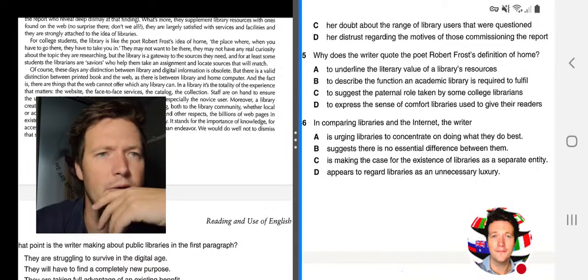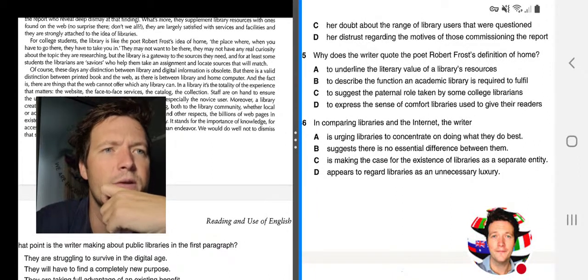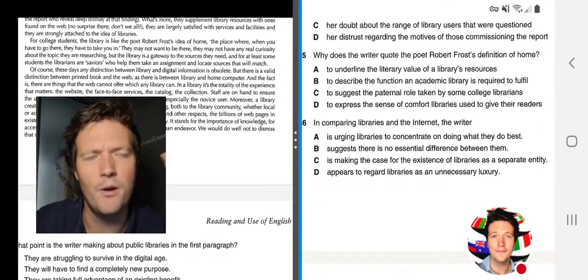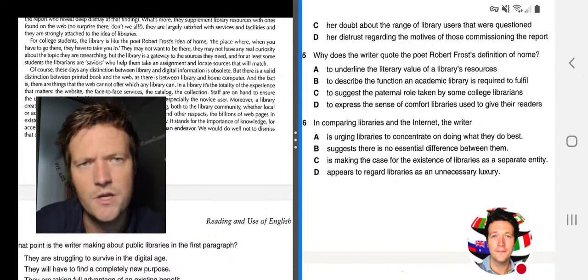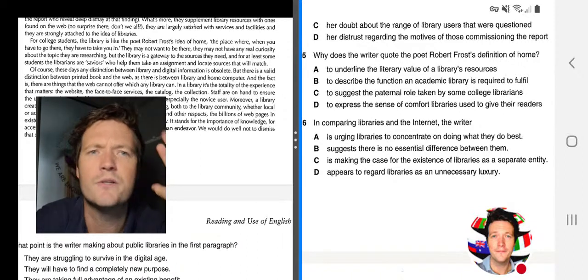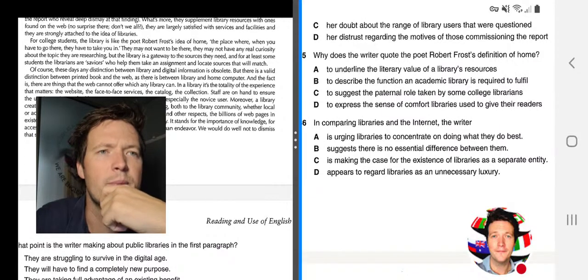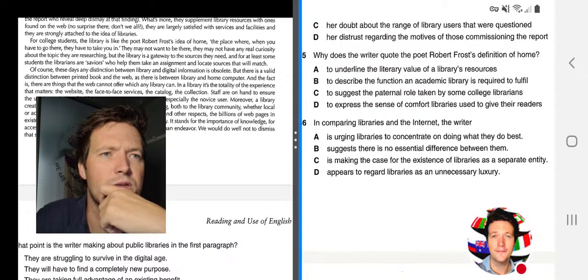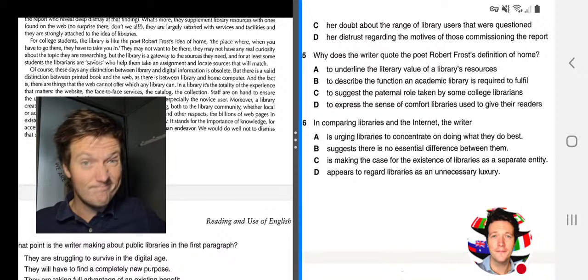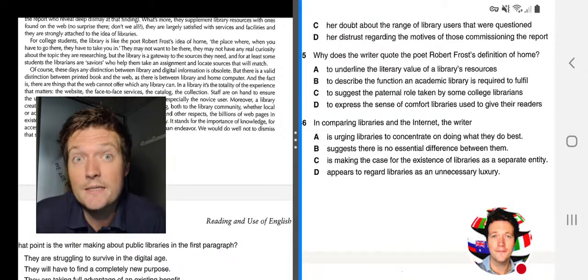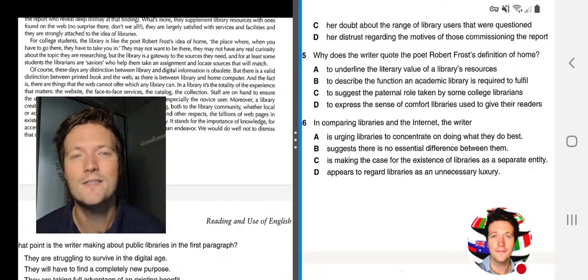I don't think it's A. Suggests there is no essential difference between them. No, they're vastly different. So it's not B. You can't make a comparison. The comparison is obsolete. They're so different, right? C, is making the case for the existence of libraries as a separate entity. Yeah, that sounds like the best option to me. C, right? She's saying they're different. It's not the same.